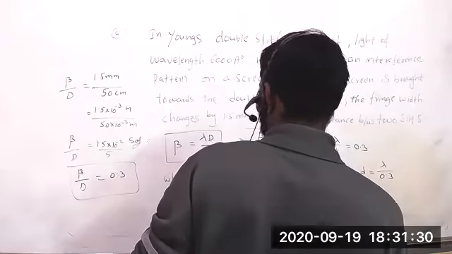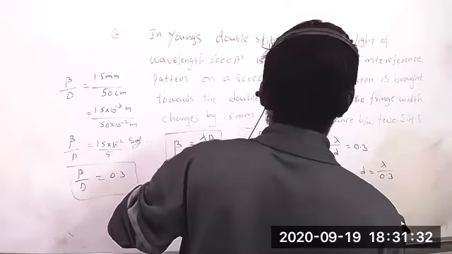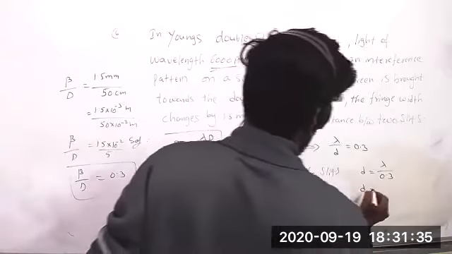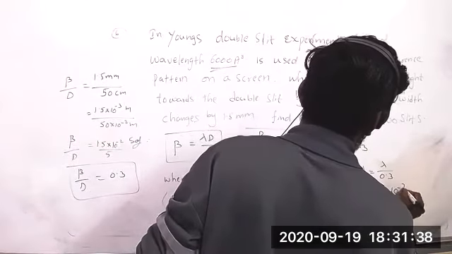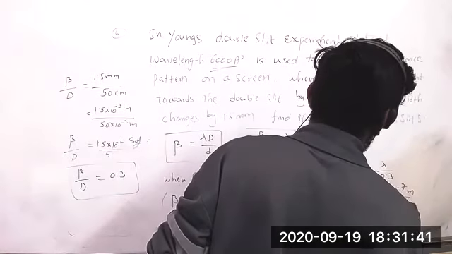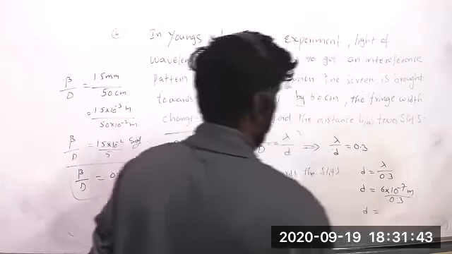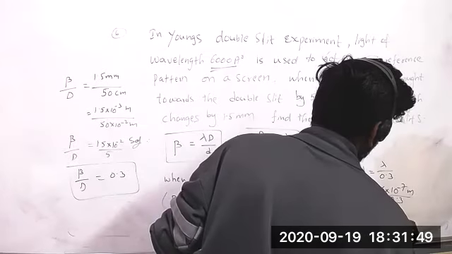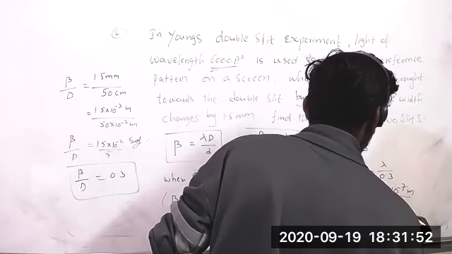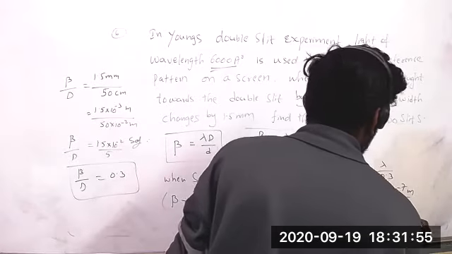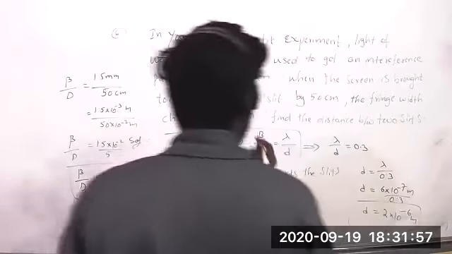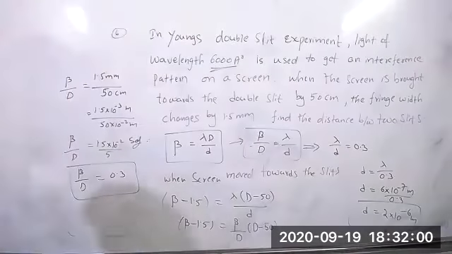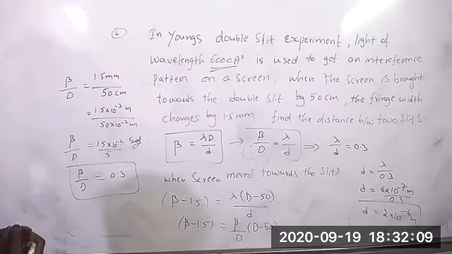How much have they given lambda? 6 into 10 to the power of minus 7 meters by 0.3. So 2 into 10 to the power of minus 6 meters. That's the distance between the slits.